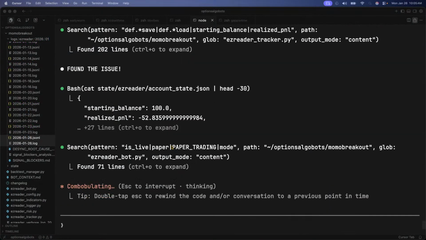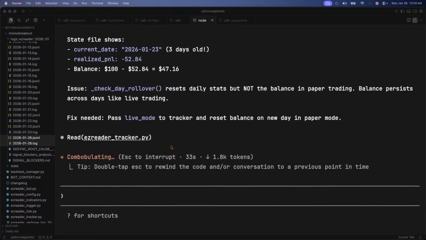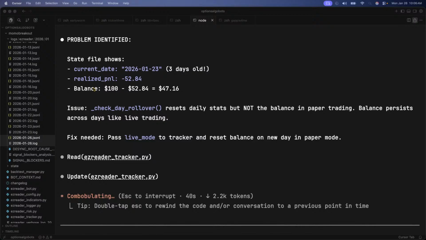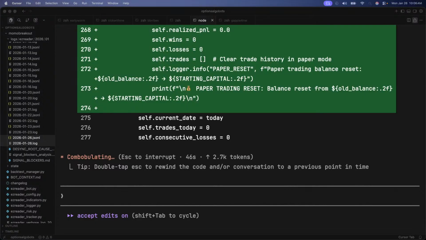I found the issue. Can we fix the issue? Current, 3 days old. PNL realized. Okay. Go ahead and fix it. Thank you. I really would appreciate it.